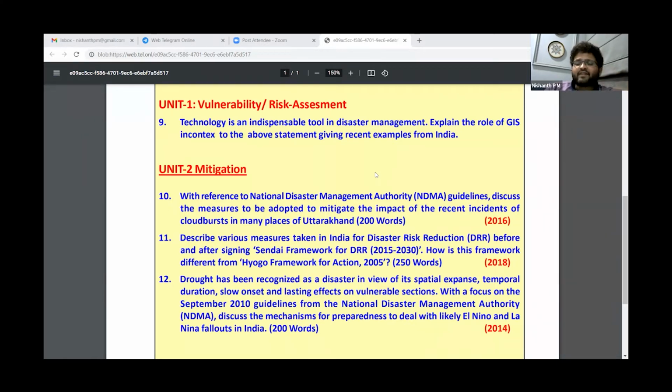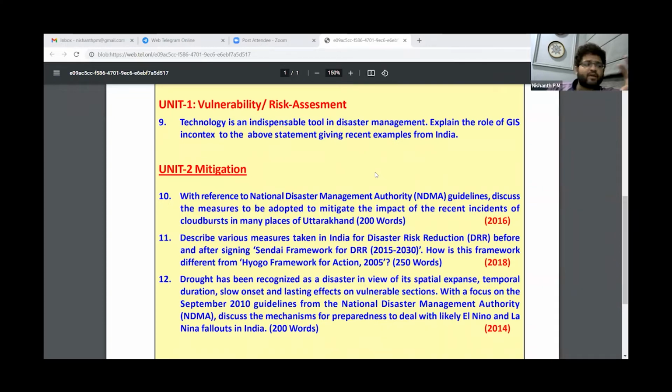We can track the dynamic nature of the disaster with the help of GIS. Continuous inputs can be taken, and the recovery and the way to handle those disasters can be planned by the civil administration or the district administration. And rehabilitation, we can move them to better places.